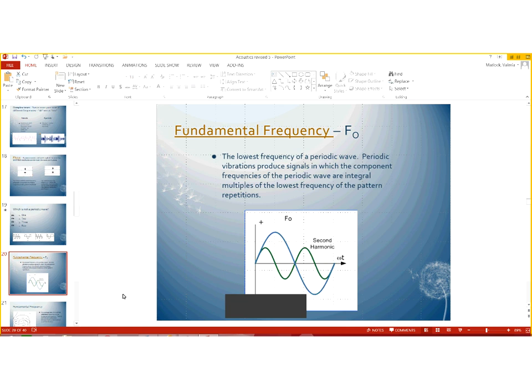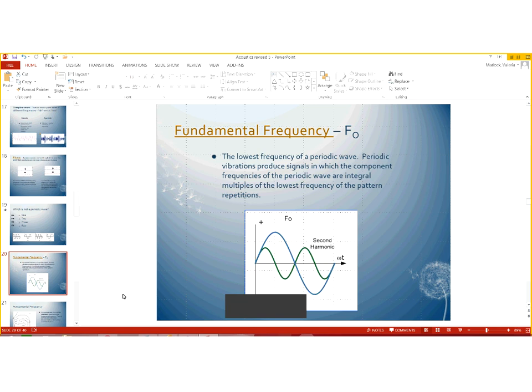Let's say that you are on a swing, and the lowest number of cycles per second that it's possible for you to move with one exertion of force will be the fundamental frequency. Now, logically, a person with less mass will have a greater fundamental frequency. If you're applying the same force, it will naturally move more cycles per second. That's the fundamental frequency.